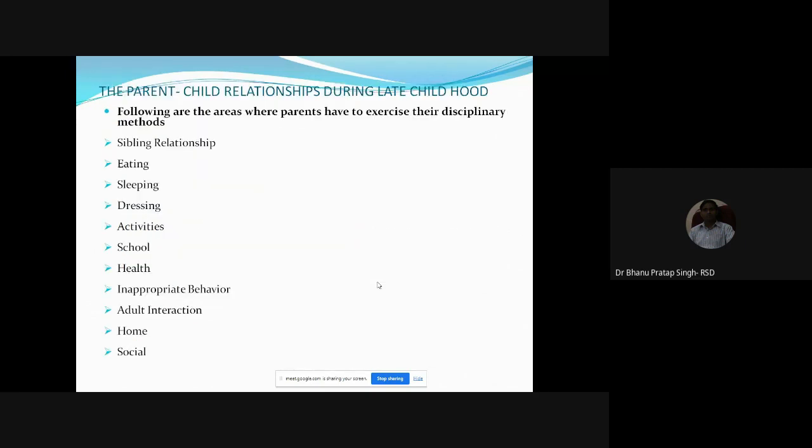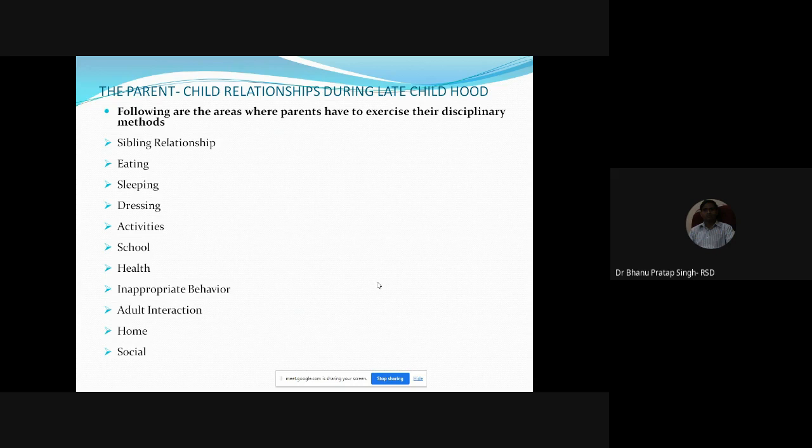Next, the following are the areas where parents have to exercise discipline at home as well as school as well as outside of both. Sibling relationship is most important, means the parent should be much aware about the feelings, about the fear of the child, about even the emotion of jealousy.